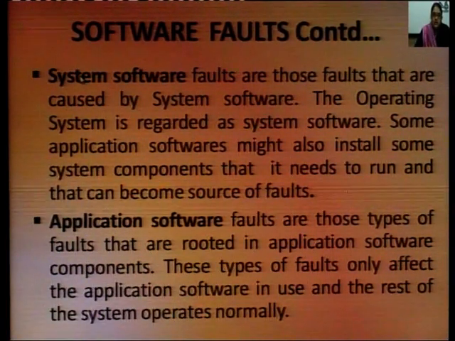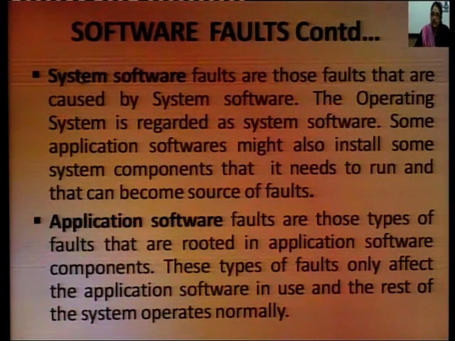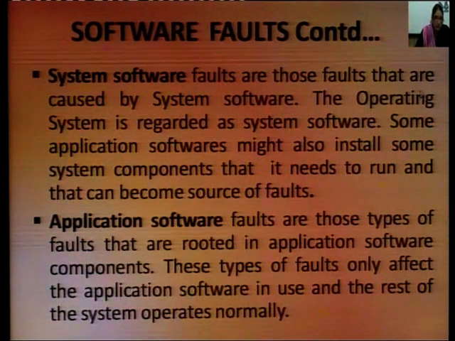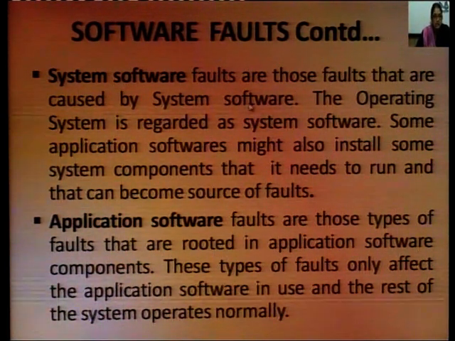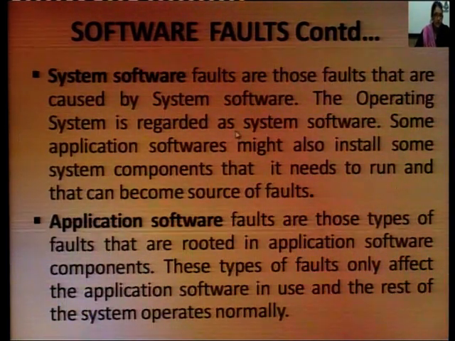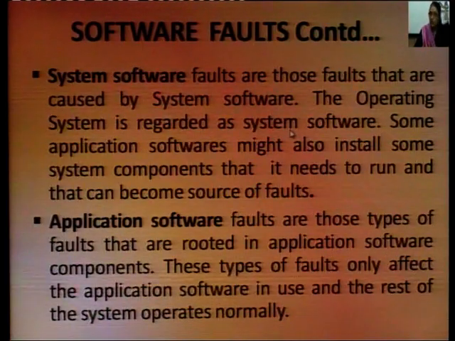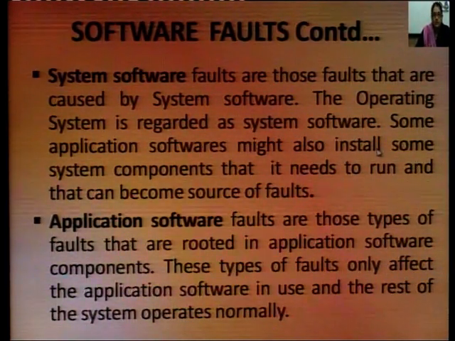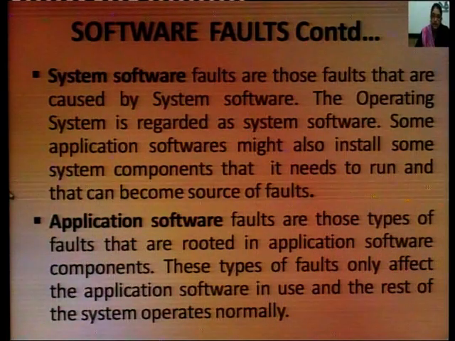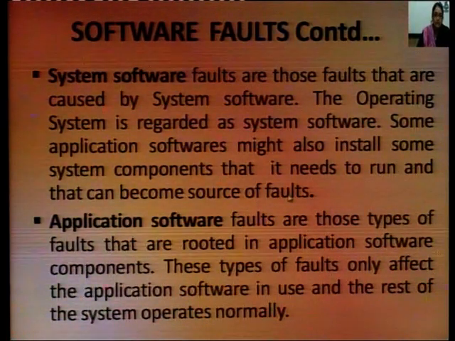Software faults include faults that can occur because of the system software. The operating system is regarded as system software. As we all know, some application software might also install some system components that it needs to run, and that can become a source of faults.